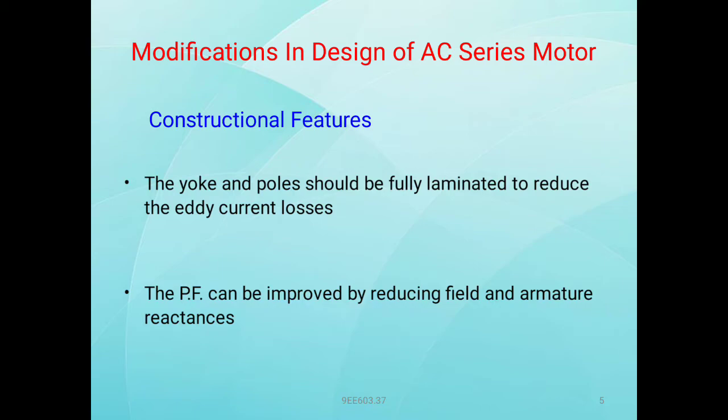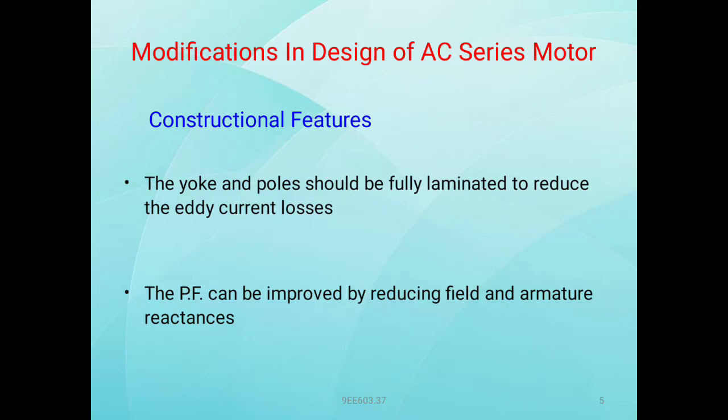So how to reduce the core losses? The yoke and poles should be fully laminated. Then we reduce the eddy current losses, so automatically the core losses will be reduced. That is the main point here, to reduce the core losses.